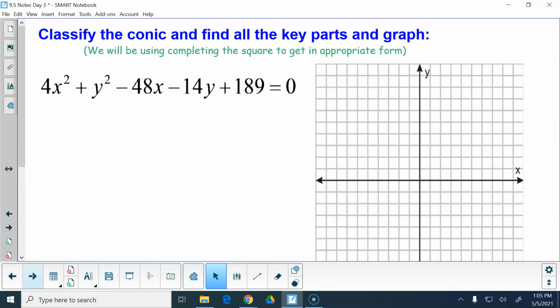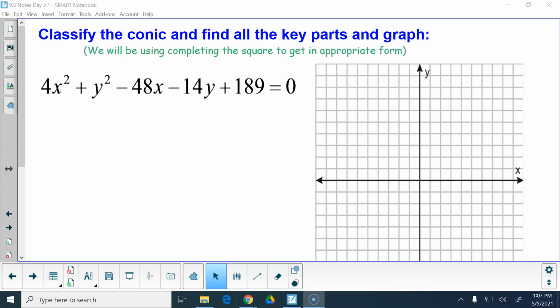So today we are going to be asked to, first off, classify the conic: parabola, ellipse, hyperbola, circle. Then we're going to be asked to find all the key parts of that particular conic. If it's a circle, we need to find the radius and the center. Parabola, we need to find the vertex, focus, directrix, axis of symmetry.